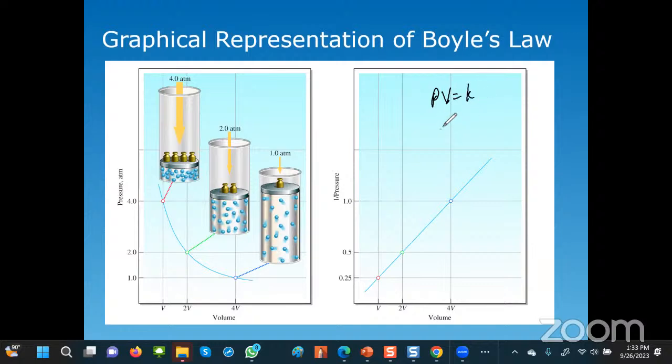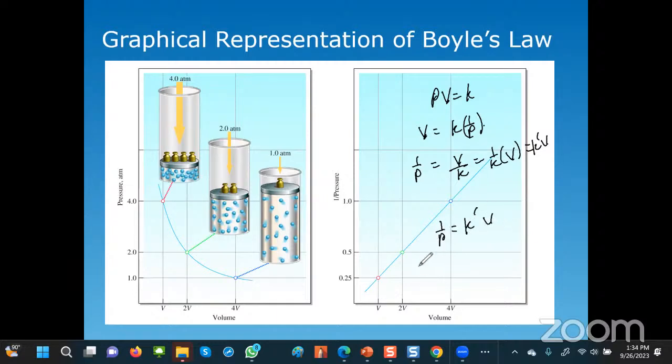So if we rearrange this to get volume equal to K times 1 over P, or if I express this as 1 over P is equal to volume over K, which is equal to 1 over K times volume, which is equal to another constant K prime times volume. So let me just summarize it here: 1 over P is equal to K prime times volume.